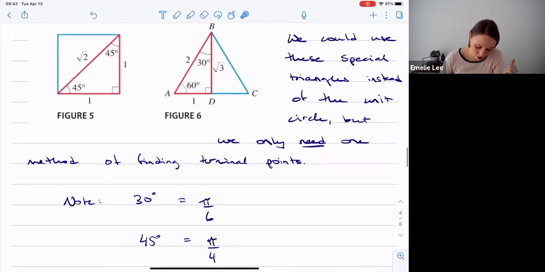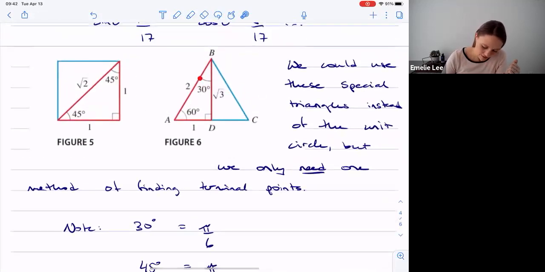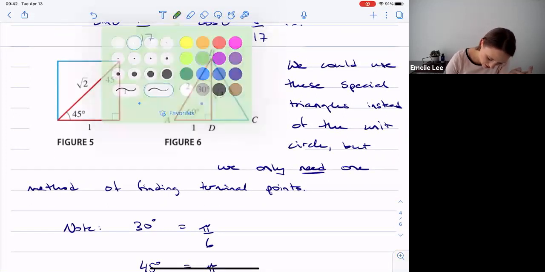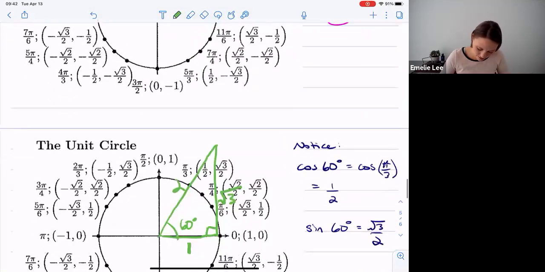The one that's a little bit trickier is this angle here, the 30 degrees, or the pi over 6 angle. And I'm going to try to do it here.